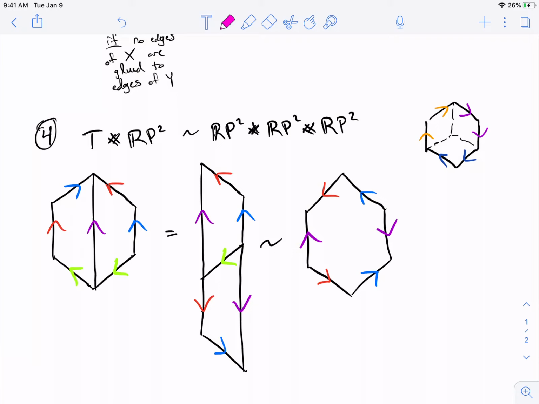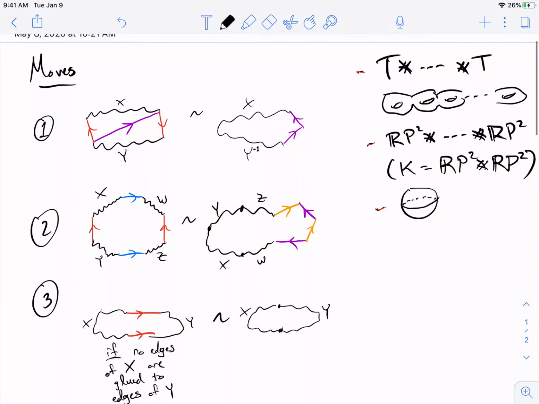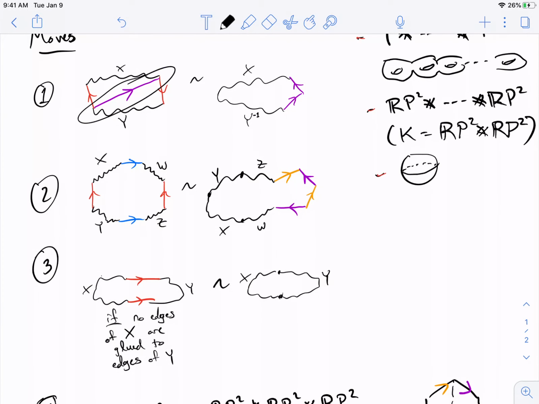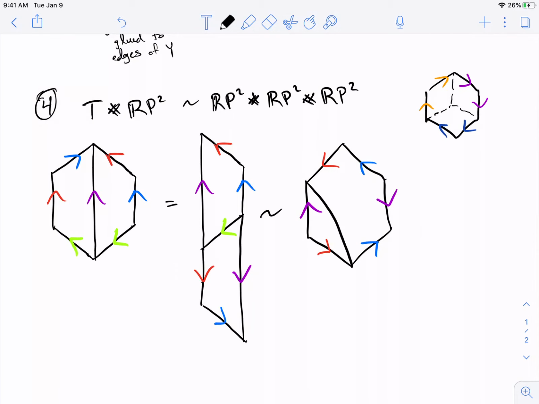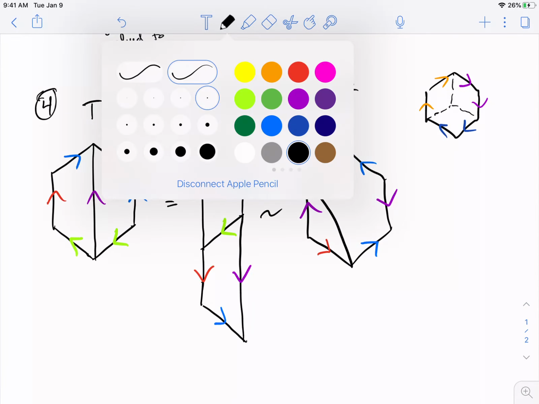So let's just use the red edges. They're glued with a twist, and the rule tells me I want to make the cut, do it this way, so the cut goes from the bottom of one to the bottom of the other, or the top of one to the top of the other. Here I chose the top. So I'm going from the top of the red to the top of the other red.